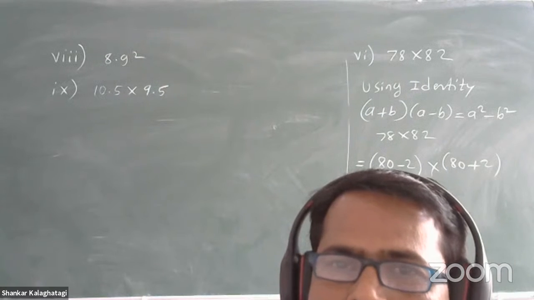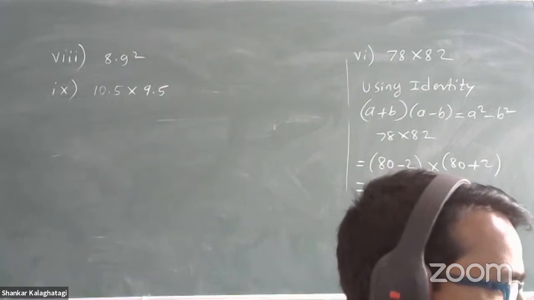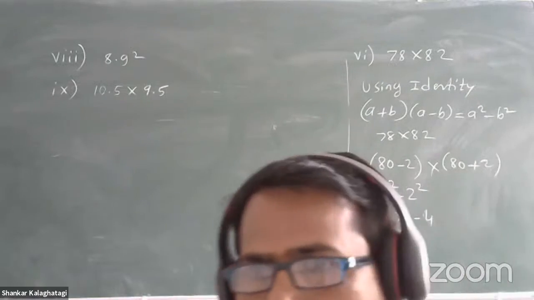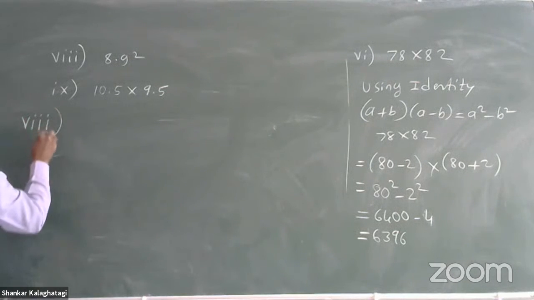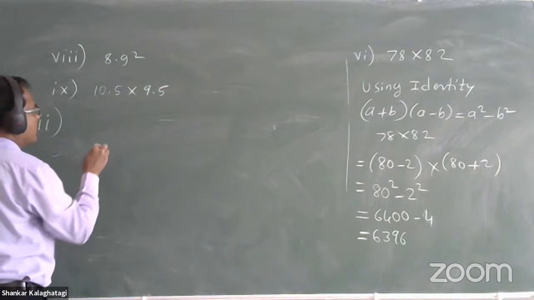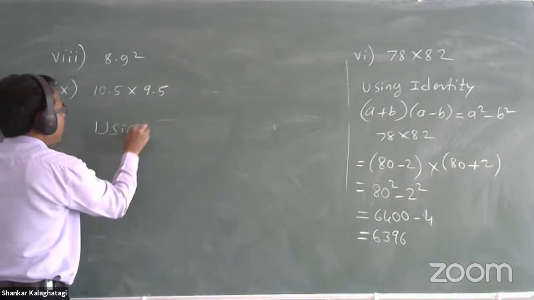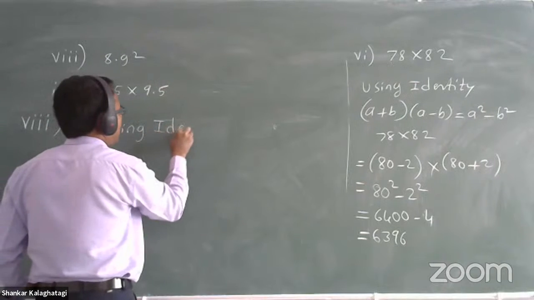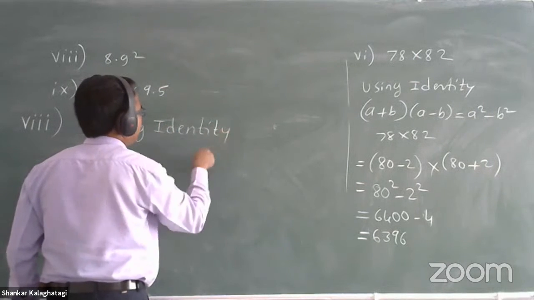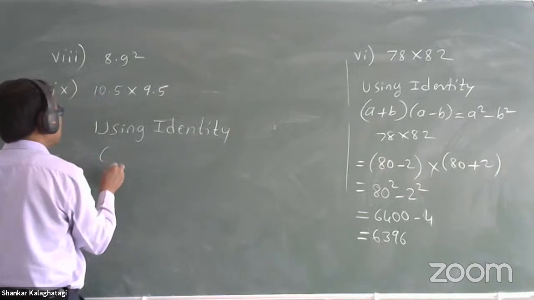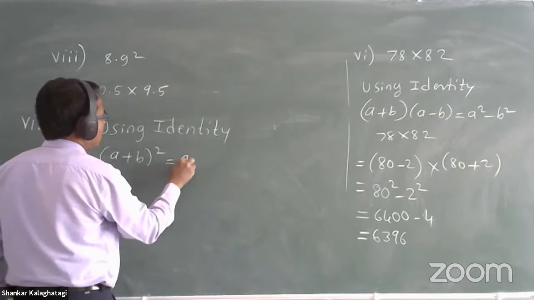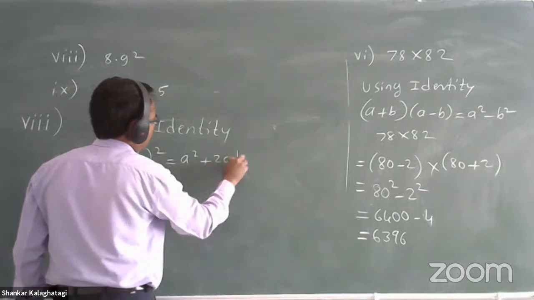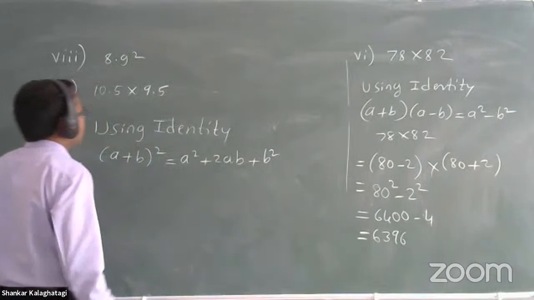Sir, 18.04. 18.04 came? You should tell me the steps. Yes, sir. 8th one? Okay, tell me steps. Using identity. Which identity? (A plus B) whole square equal to A square plus 2AB plus B square.